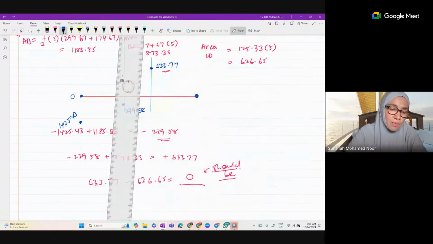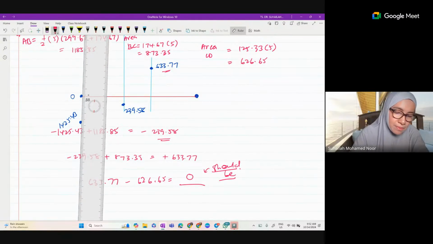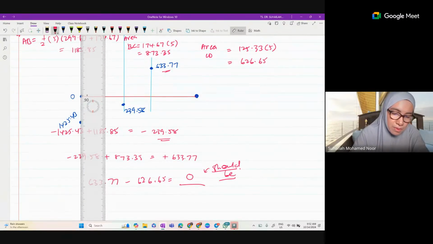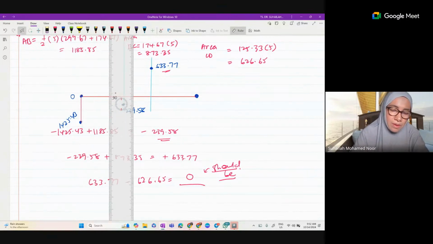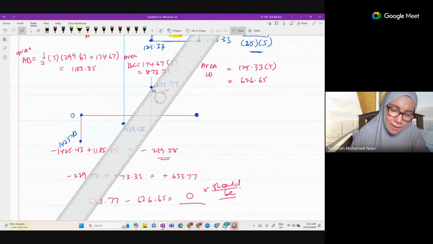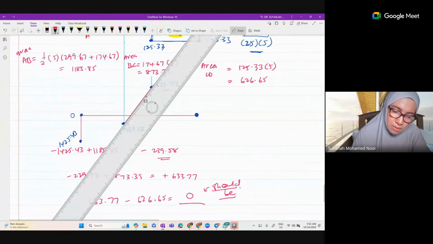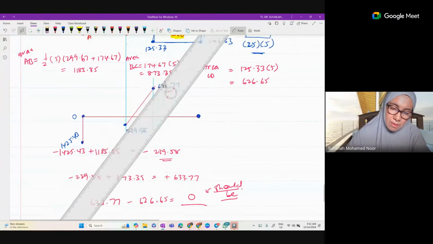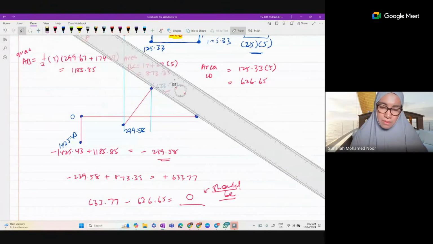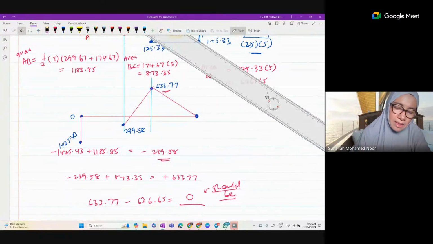Okay, so our diagram is actually like this. Our diagram. Okay, the first one only is a curve because it is a UDL. The others are all straight lines. But this one is a straight line, this one is a curve line.